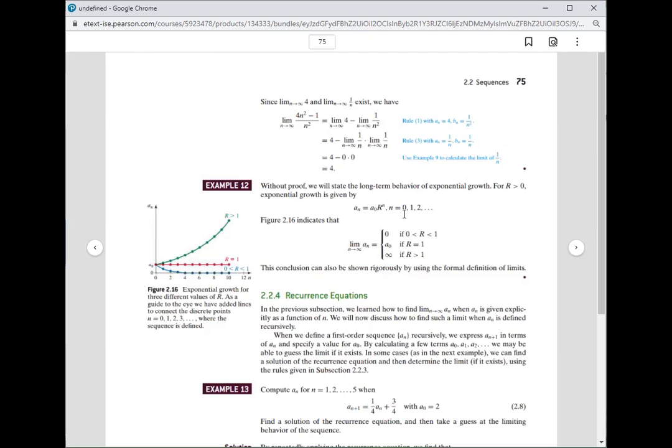Okay, so the next one states the long-term behavior of geometric growth for r greater than 0, something like this.